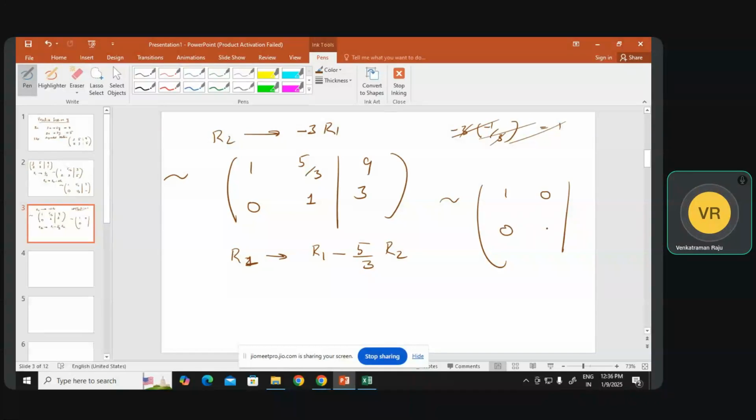So this becomes 0 and this is unchanged. What happens here is R1 minus 5 by 3 times R2 is 9 minus, okay, let me do it. 9 minus 5 by 3 times 3.